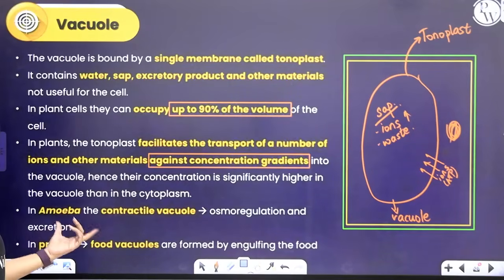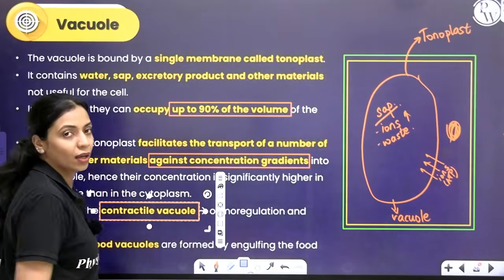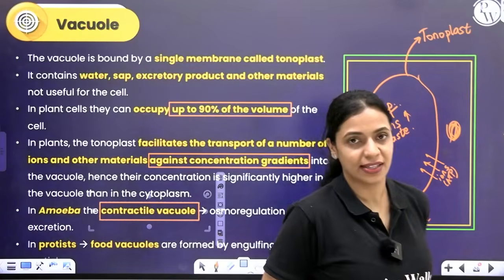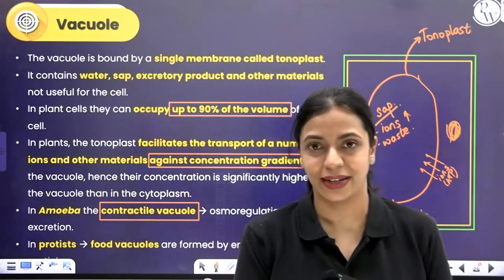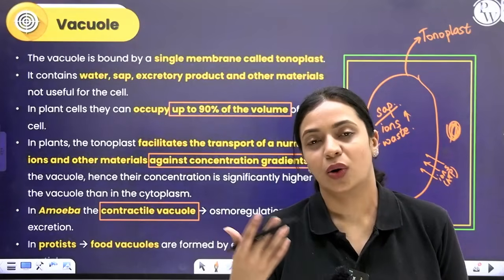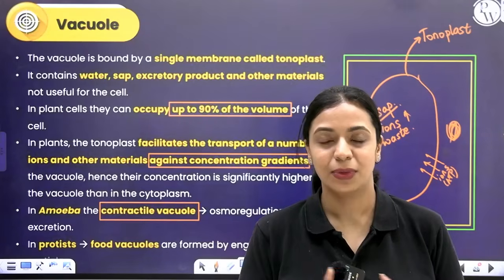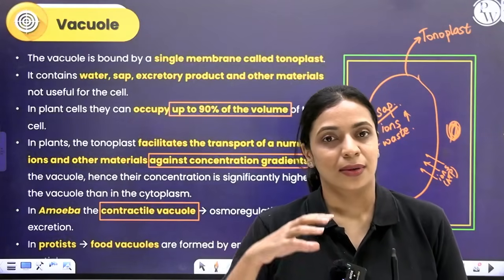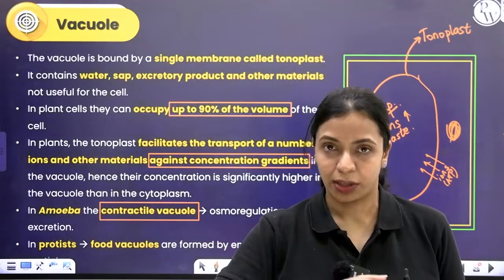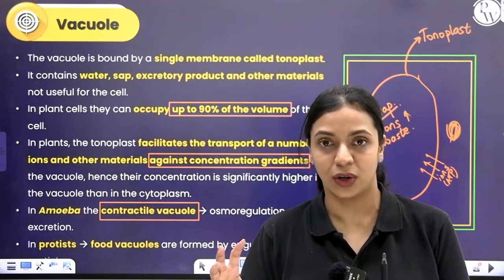In amoeba, you have a type of vacuole called the contractile vacuole, which helps in osmoregulation and excretion. Basically, amoebae are aquatic organisms. They usually grow in fresh water. So, if they are surviving in fresh water, remember amoeba is an animal cell, they don't have a cell wall. Because there is a difference in water potential, the cytoplasm is more concentrated compared to the surrounding water.